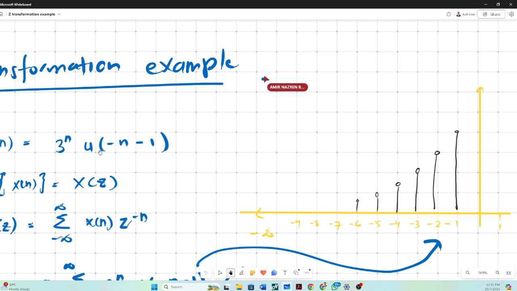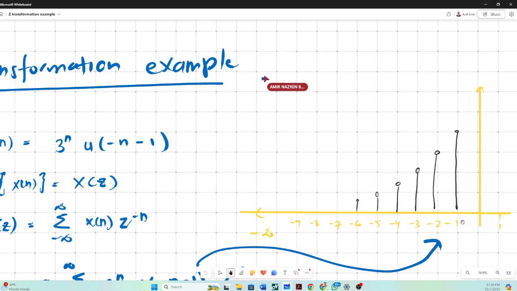The u[-n] represents the left side of the signal, and the 3^n is the amplitude here, continuing with n, and the n minus 1 represents a signal starting from minus 1.